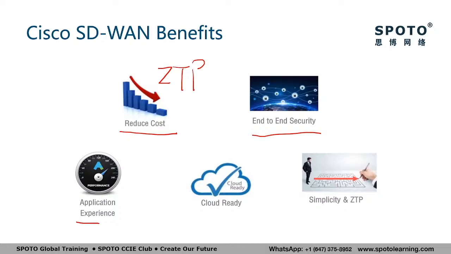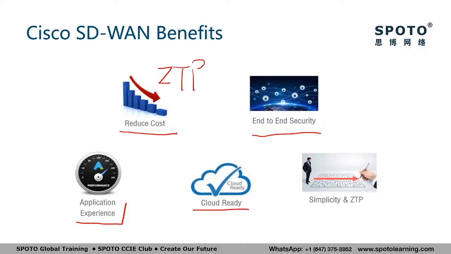Application experience. Intelligent multipath selection to use the fast circuit to reach the destination you are after. It definitely speeds up the application and improves the user experience. Cloud ready.